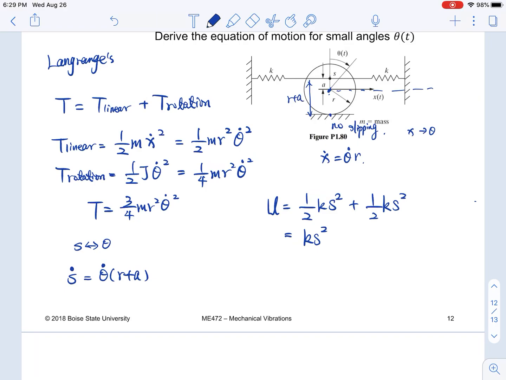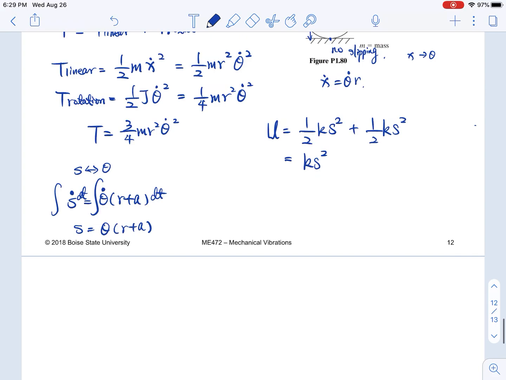Because r plus a is constant, we can do integration on both sides so that the dot is gone. We have s equal to theta times r plus a. So replacing s by theta, we have k (r plus a) squared theta squared.